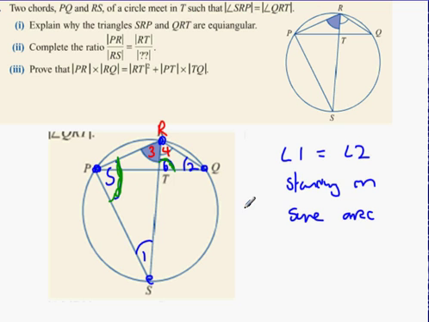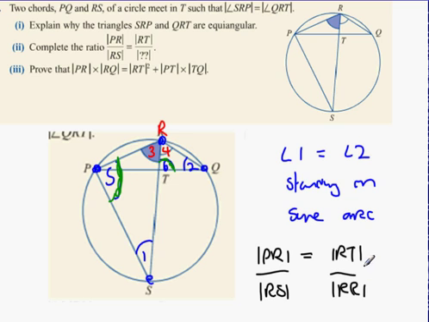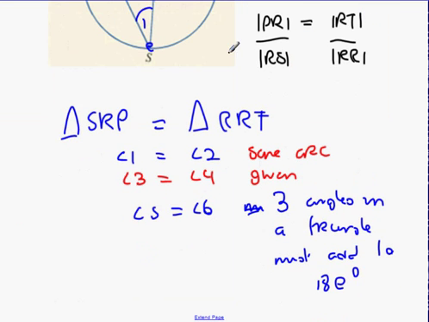PR is in between green and red. What's in between green and red on the small one? RT. And then pick another one that's in the answer. RS is in the answer. RS is between red and blue. So where's the other one? RQ. And there's your part done there.